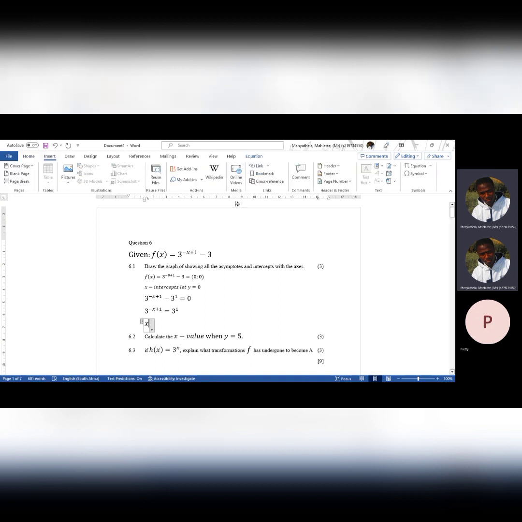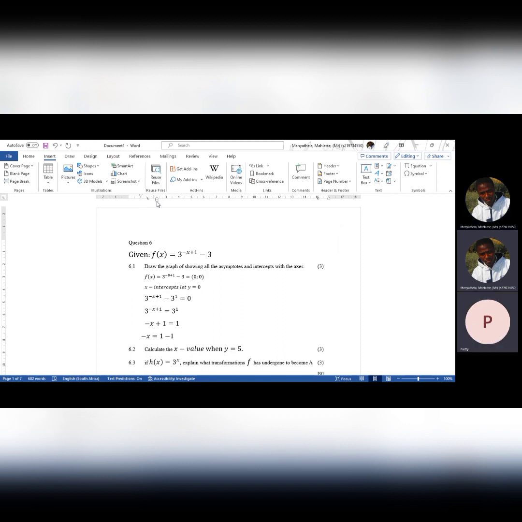So negative x plus 1 equal to 1. And then let's transpose positive 1 to the right hand side. When it crosses the equal sign, it becomes negative. So negative x equal to 1 minus 1. 1 minus 1 gives you 0.